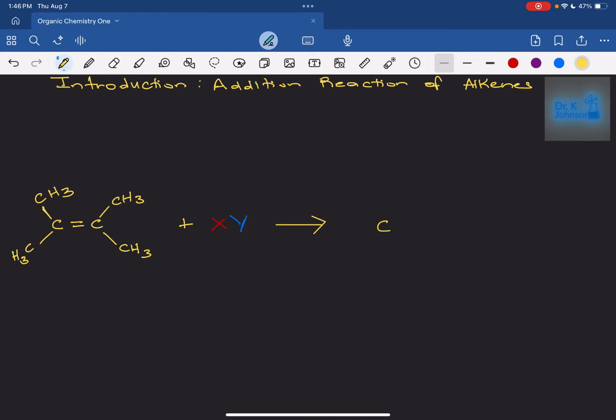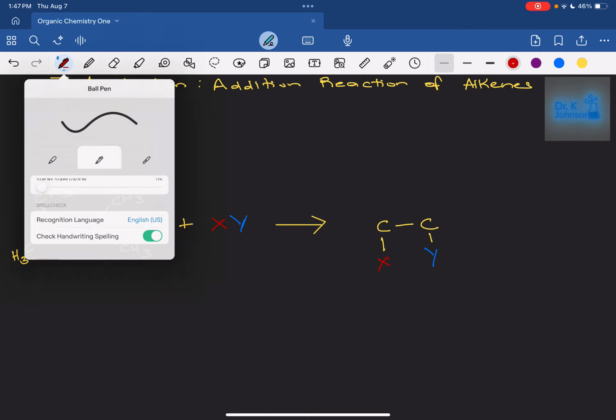Your carbon-carbon double bond will break, leaving you with a carbon-carbon single bond. Y will add to one carbon, and Y is blue. Y will add to one carbon, and then X will add to the next carbon, of course.